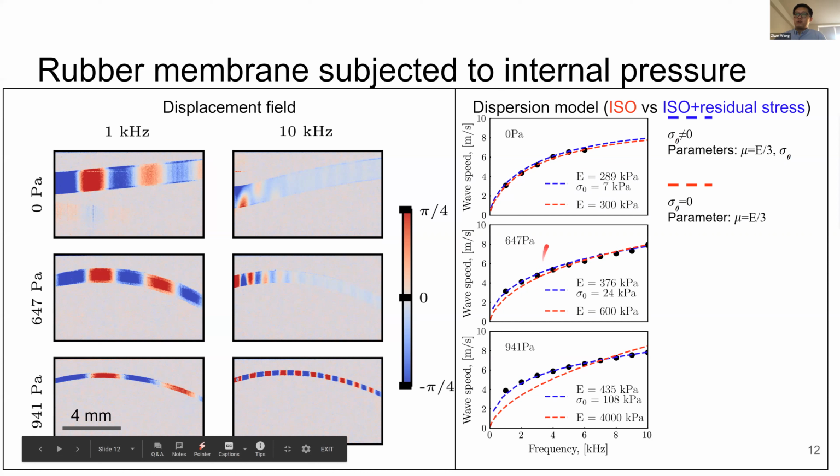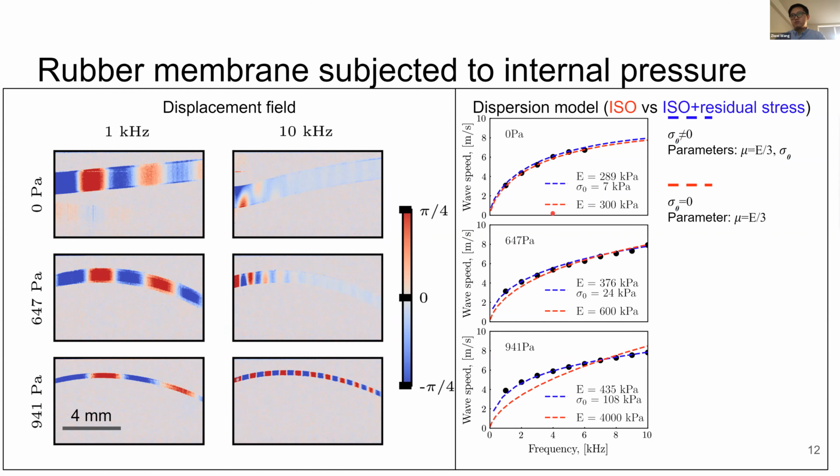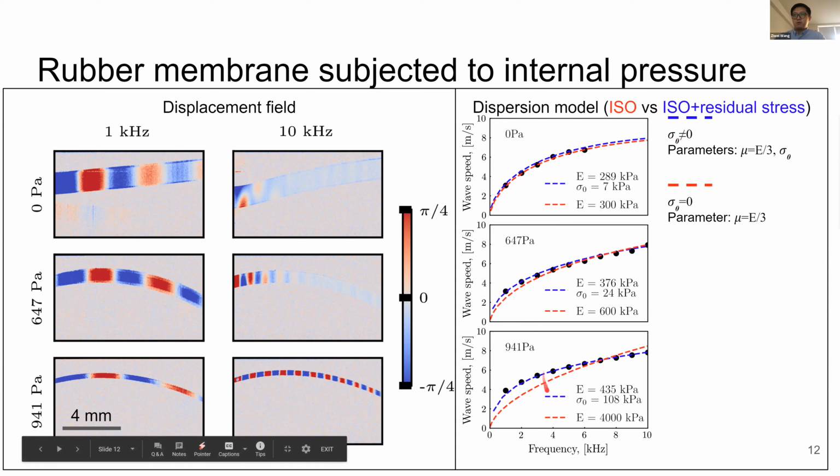Here we compare 2 different models. One is the isotropic model without the residual stress, and the other one is the isotropic model with residual stress. Without residual stress, depicted in the red dashed lines, as you can see, the model fits the data pretty well when there's no pressure, but there's a large fitting error at high pressures.